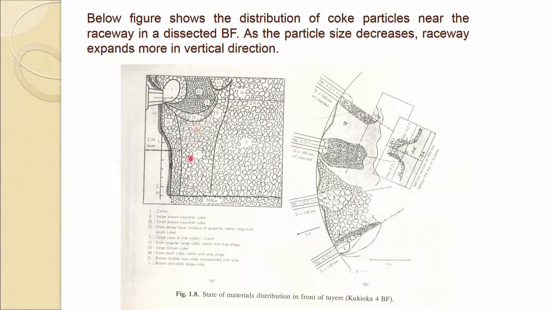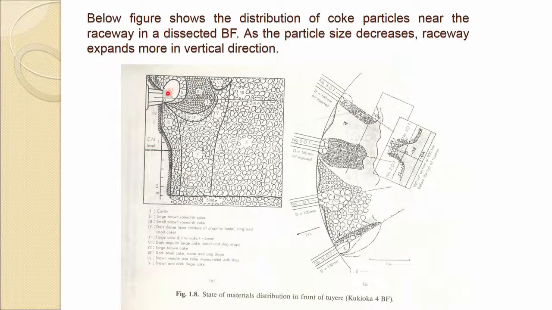And in this zone of course you get large coke size particles again, and then in this zone you get dark angular large coke particles, and similarly at other places you get large brown and dark small particles, brown middle particles, brown and dark particles. So, mostly the small particles are just a little away from the raceway, after this large particle boundary.